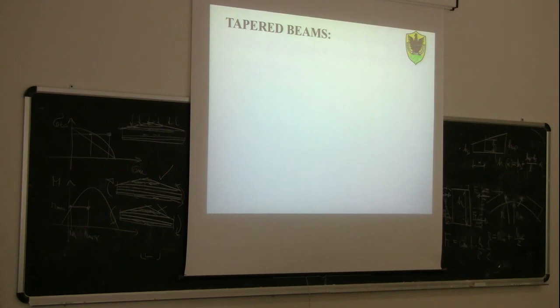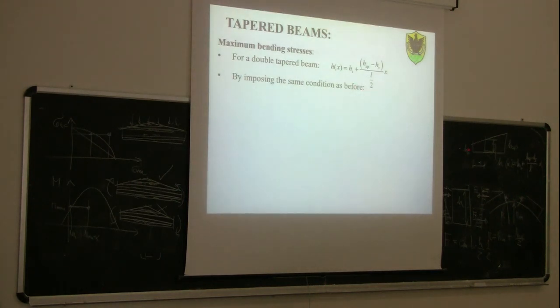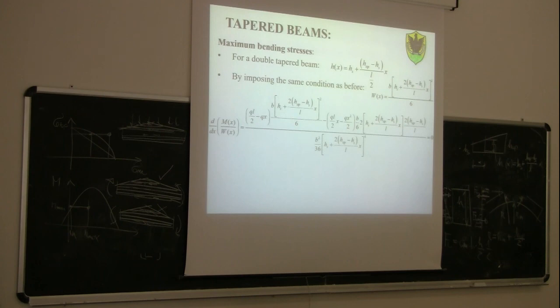For a double taper beam, you can do again the same exercise. Of course, for a double taper beam, HX is slightly different than before, because in a double taper beam we have to put here not L but L over 2. If we do again all the derivation, which you can do on your own if you want, you find it in the presentation.